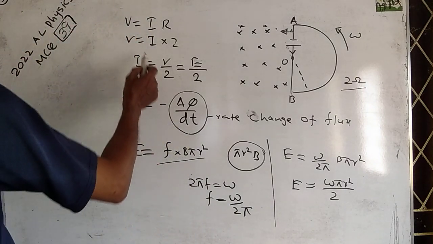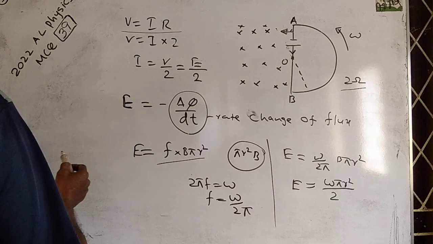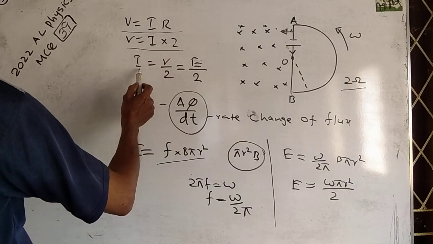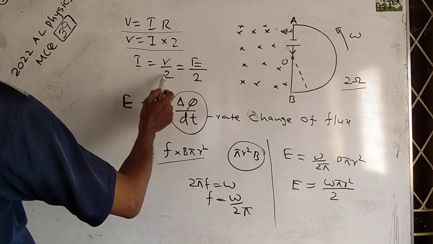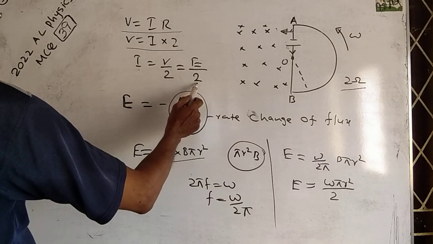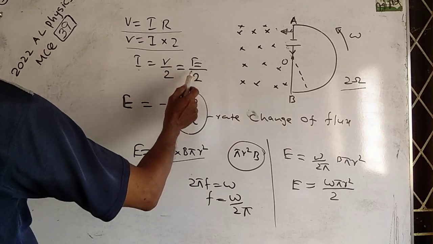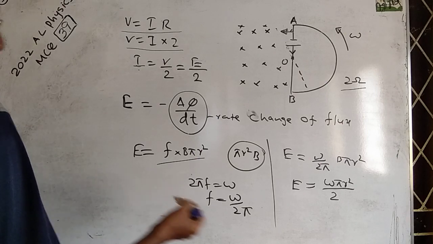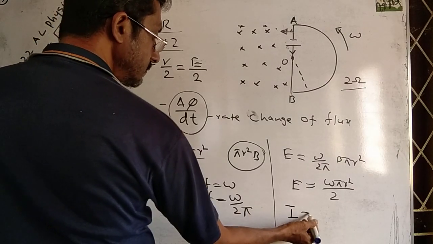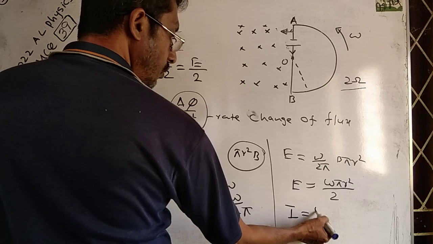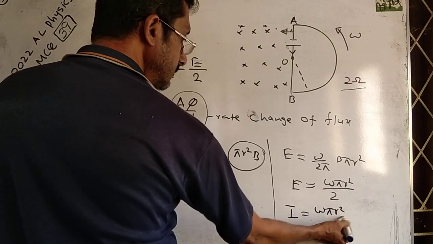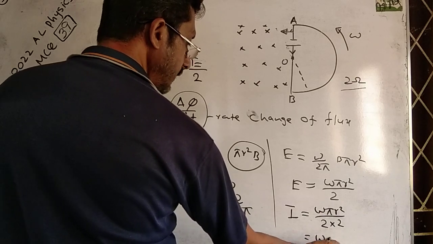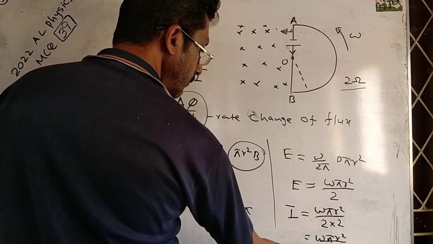Then I can apply V equals IR to the loop. V equals I into 2, so I equals V by 2, or instead of V, we can use E. E by 2 is the current through the loop. Therefore, I equals omega B r squared over 2 into 2, which is omega B r squared over 4.